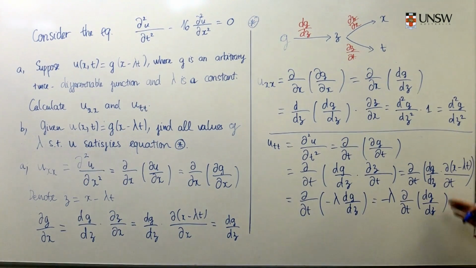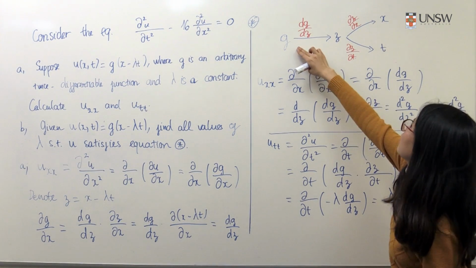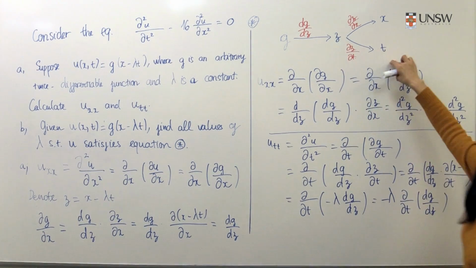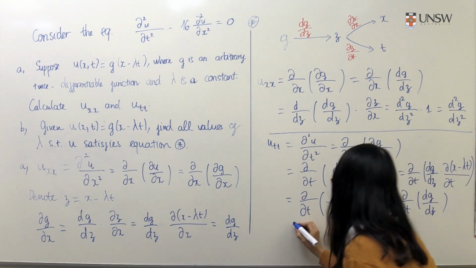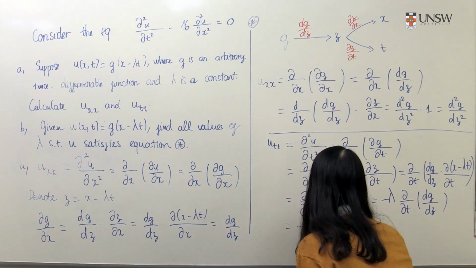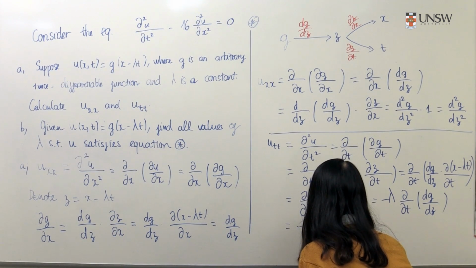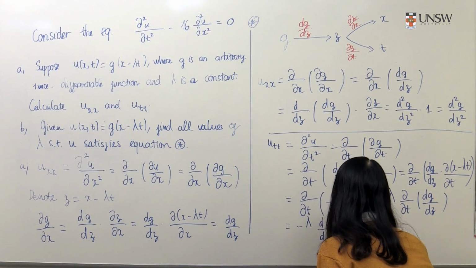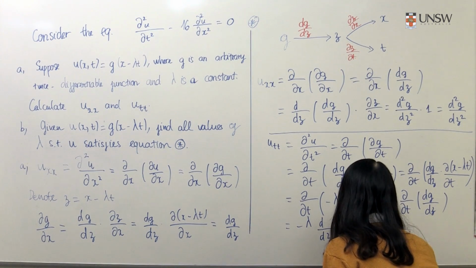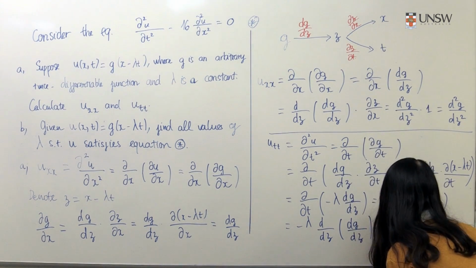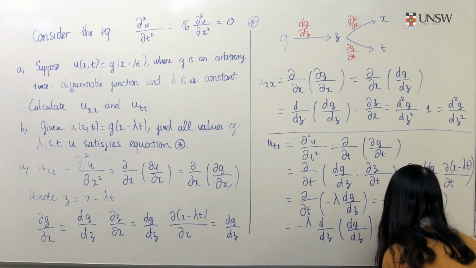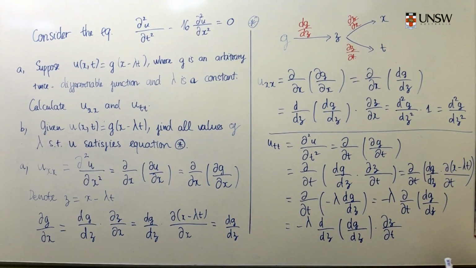And again, we will use the chain rule for this part. So we use a similar path, g to z and z to t. And that will equal minus lambda d over dz of dg over dz times dz over dt. And again, the partial derivative of z with respect to t equals minus lambda.